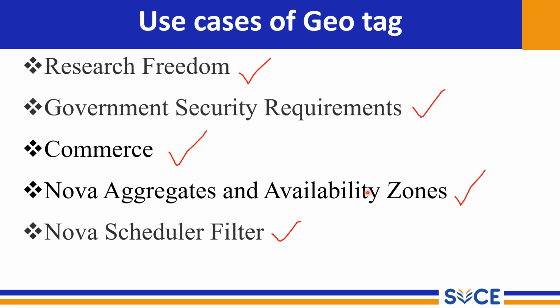OpenStack changes: geotagging will be built on the trusted compute pools features, which are covered in trusted computing pools. And there is another thing in the Nova aggregates and availability zones: during compute node provisioning for trust, a geotag may also be assigned.